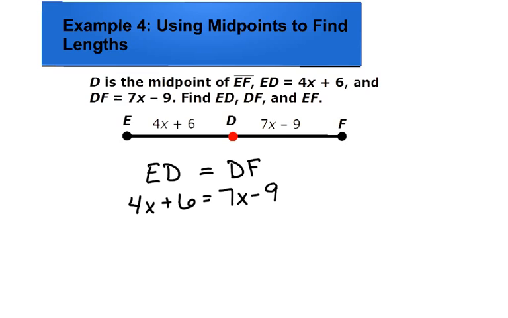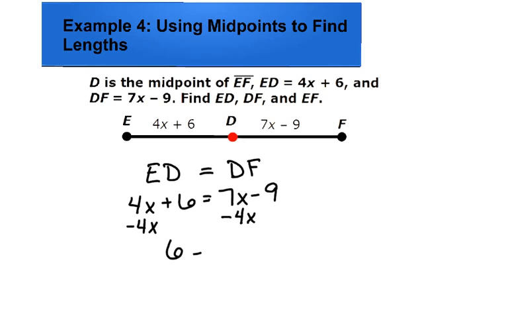What we're going to do with this equation is similar to what we did on the previous equation. I'm going to subtract the 4x from both sides, so we can get our x's all together and all by itself.